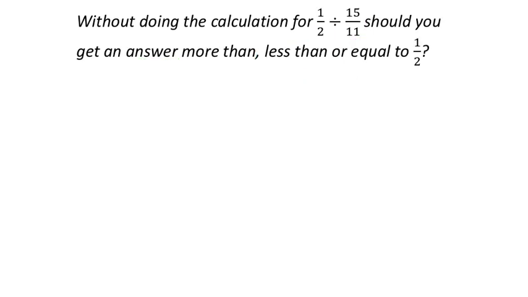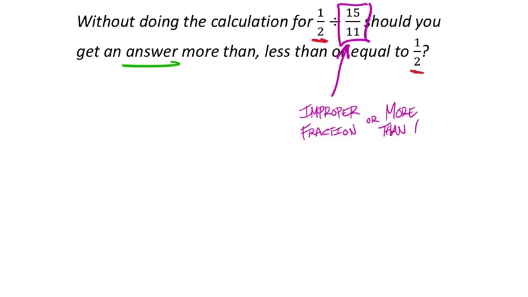And then this example, once again, our dividend is 1/2. We're comparing 1/2 with the quotient, which would be the answer to this division problem. So all the focus comes down to the divisor. Okay, well, that divisor, 15/11, yeah, that's an improper fraction. So its overall value is more than 1.